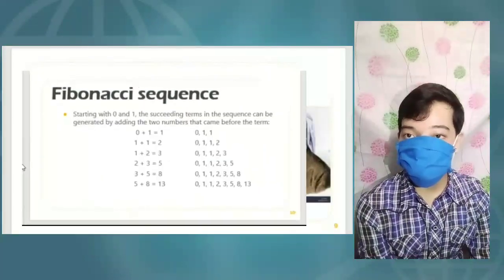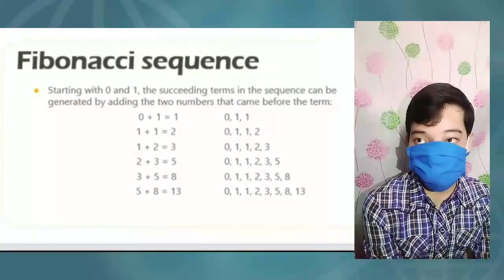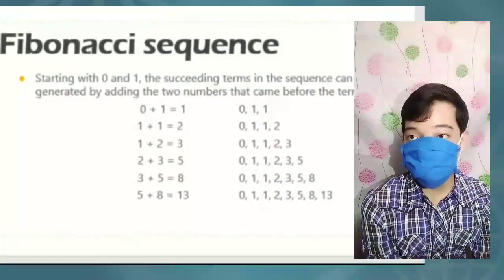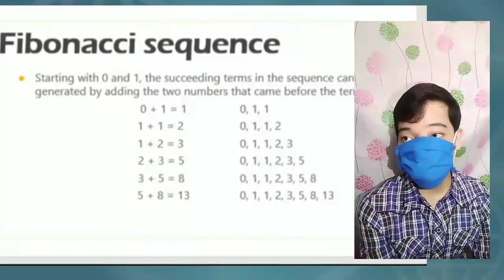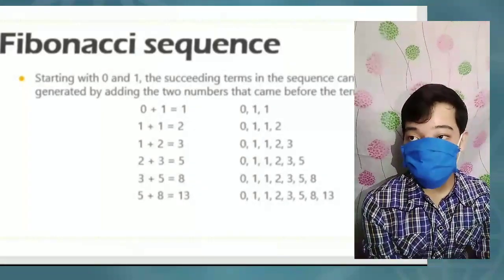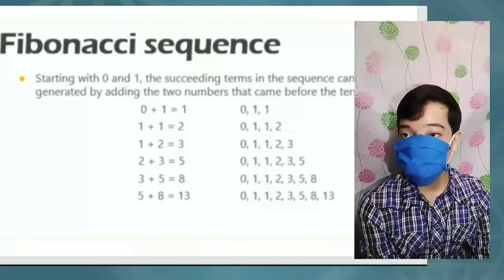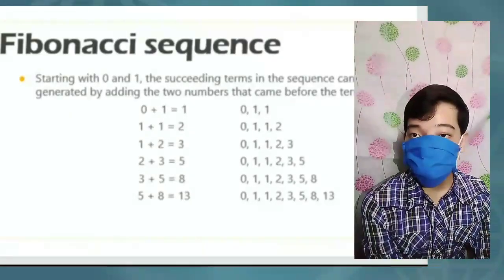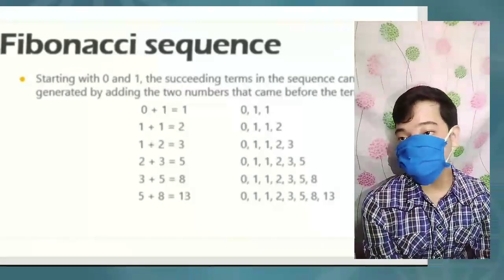So how does the Fibonacci sequence work? The Fibonacci sequence starts with 0 and 1. The succeeding terms in the sequence can be generated by adding the two numbers that came before the term. For example, we have here 0 plus 1 is equal to 1.